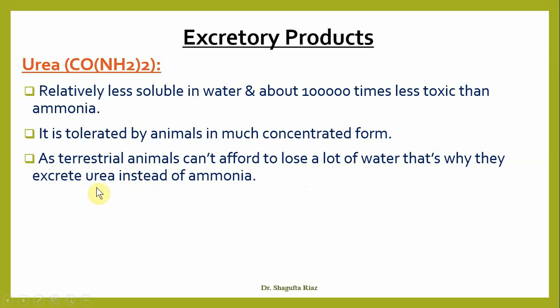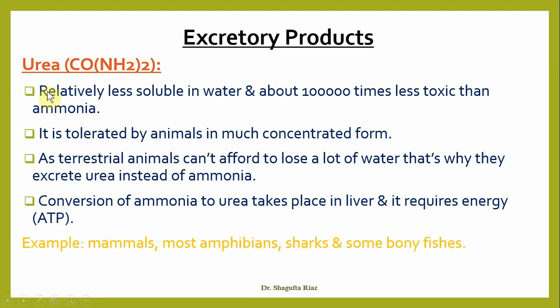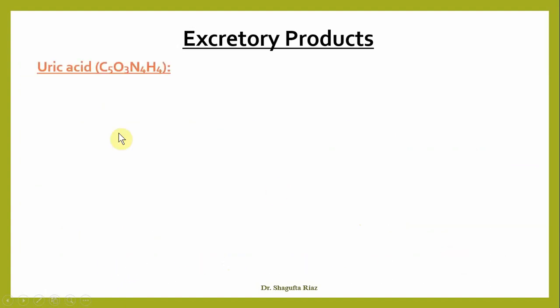That's why they excrete urea instead of ammonia. So they need to change ammonia into urea, and that conversion takes place in the liver, and it requires energy in the form of ATP. Urea is excreted by mammals, most amphibians, sharks, and some bony fishes.